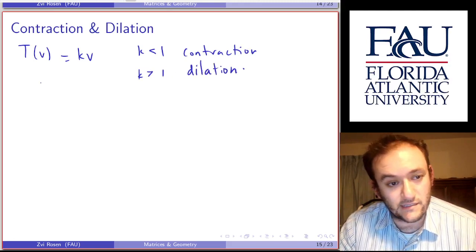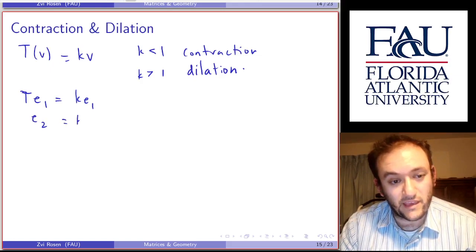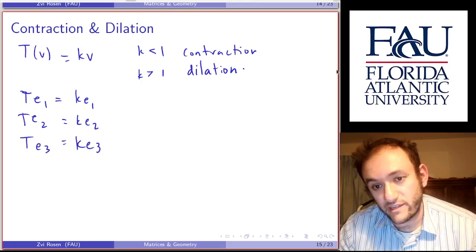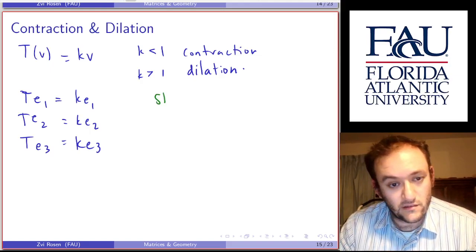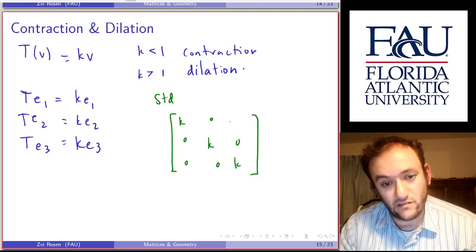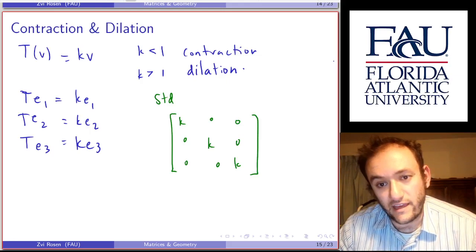Since it acts on e1, e2, and e3 by multiplying each by k, the standard matrix is the 3 by 3 matrix with k's on the diagonal and zeros off the diagonal. So that's contraction and dilation. That is not so interesting.